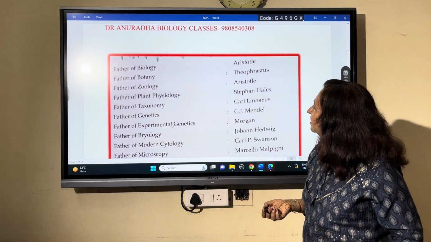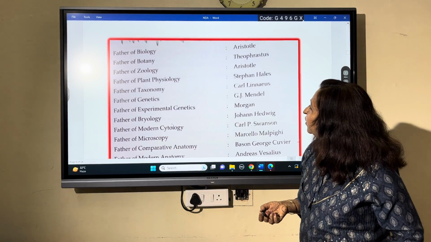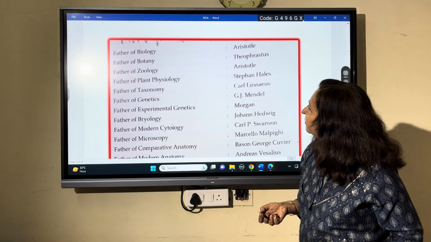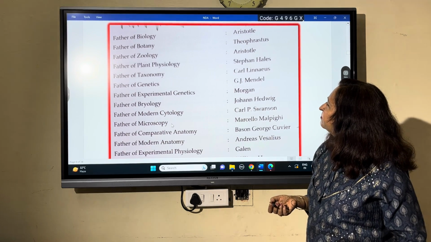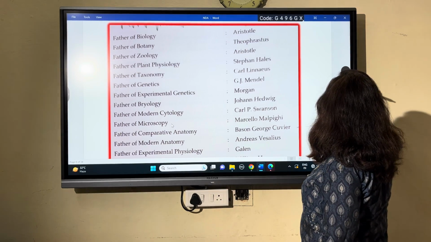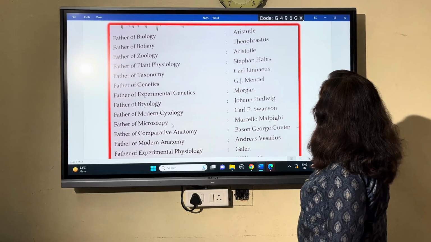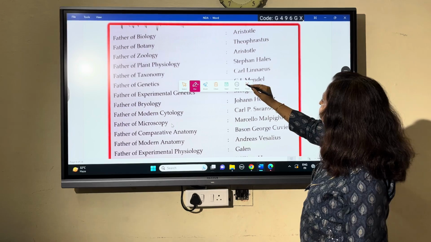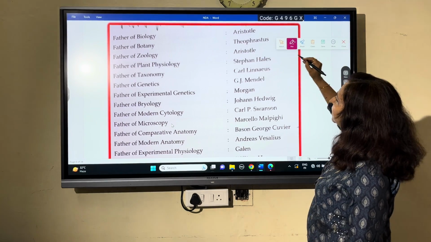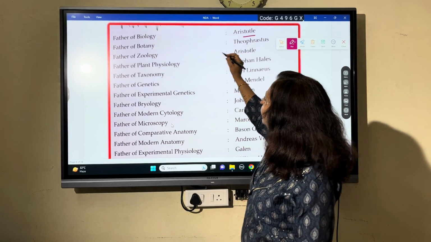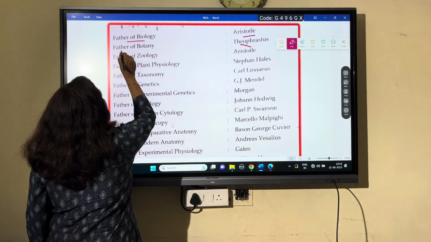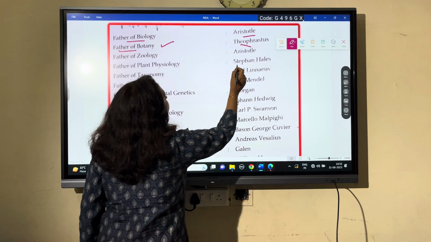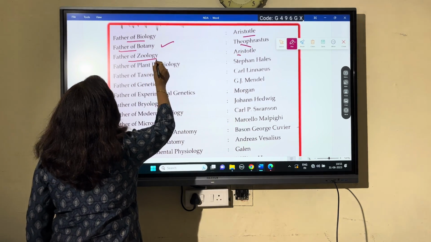Now this is the table showing the scientists and the names which have been given to them. Aristotle is known as father of biology. Theophrastus is known as father of botany. Aristotle is again known as father of zoology.